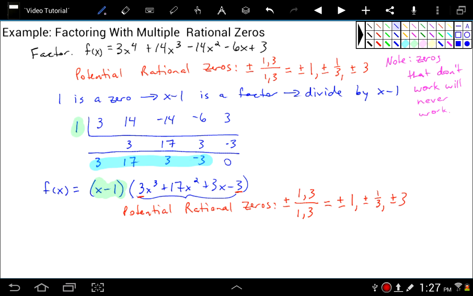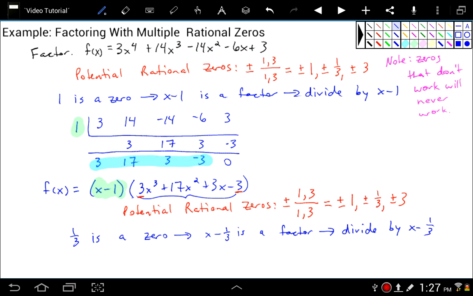The only one that works this time is 1/3. So 1/3 is a 0, meaning x minus 1/3 is a factor. So that means we need to divide by x minus 1/3. Okay?